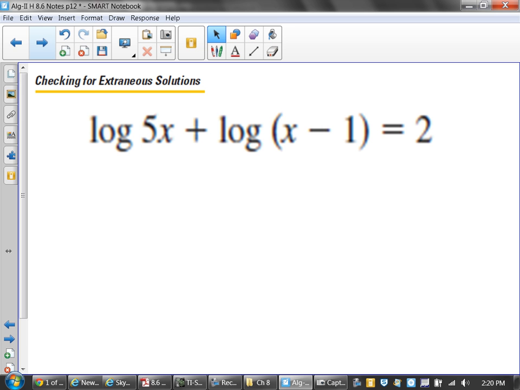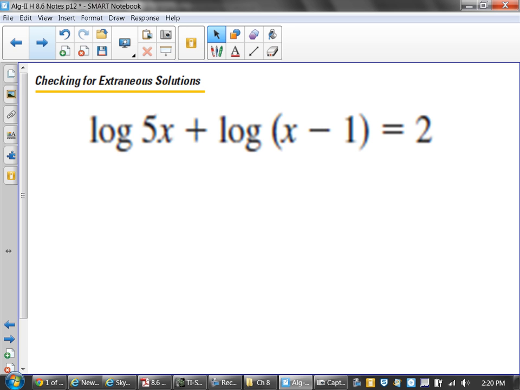Okay. Now, I've got log of 5x plus log of x minus 1 is 2. Whenever you have a problem that has multiple logarithms or multiple natural logs, you're going to want to use your condense rules prior to doing anything.